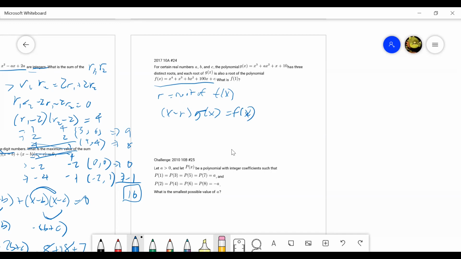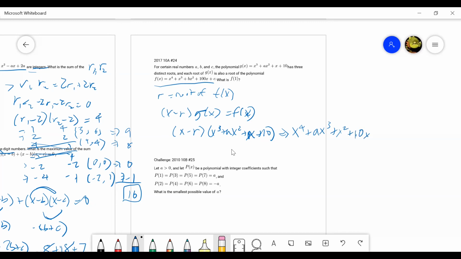So then you can simply multiply it out. This becomes x to the fourth plus a x cubed plus b x squared plus 10x.